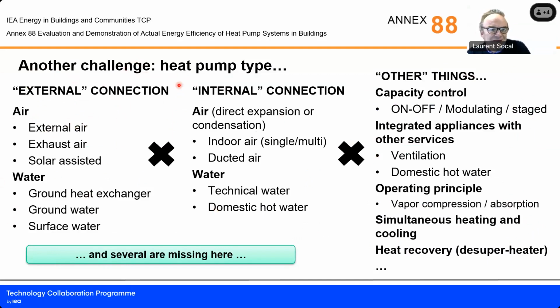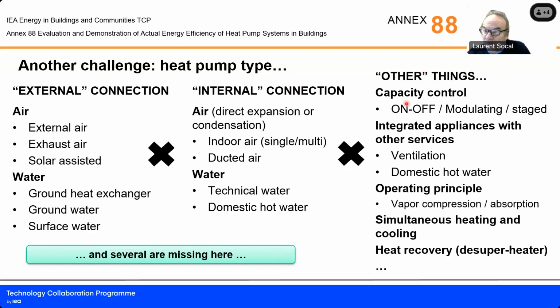Now it's called external connection, because if it is heating and cooling, it could be a source and a sink, traditional words, but the external connection could be air, external air, exhaust air, solar assisted, water, ground heat exchanger, but it could be also groundwater or surface water. Then the internal connection could be air, direct expansion, or water.